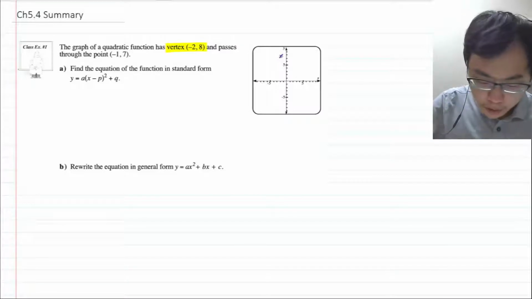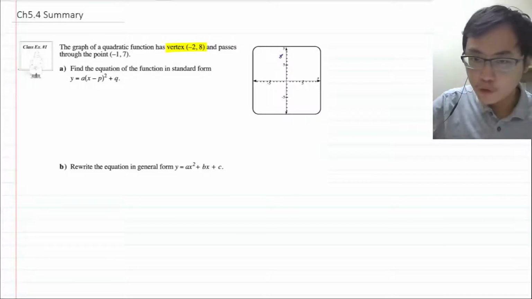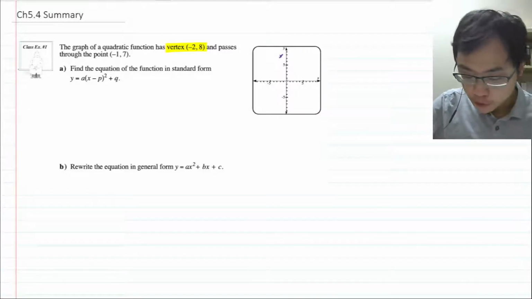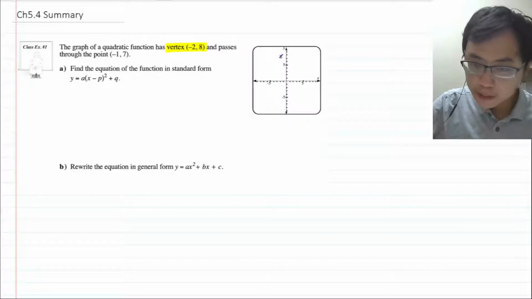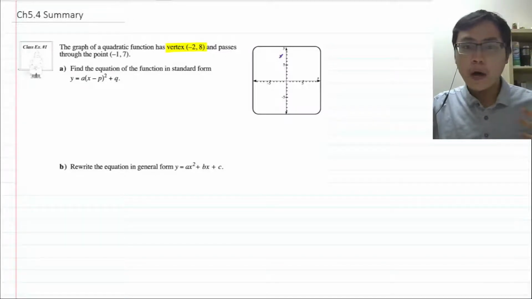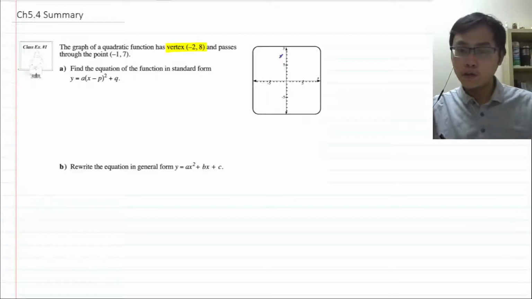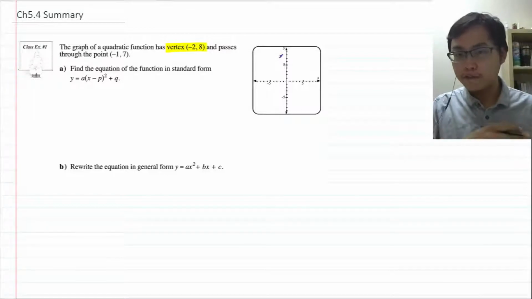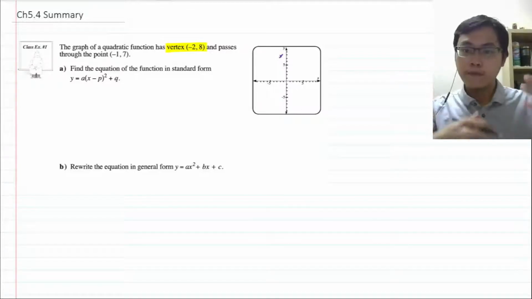And now, negative 2, 8 is the vertex, meaning our original vertex has shifted 2 places left and 8 places up. Now, last lesson we have already learned how to shift a quadratic function based on p and q. Those are what shift the function. And then a affects the vertical stretch and also the reflection.